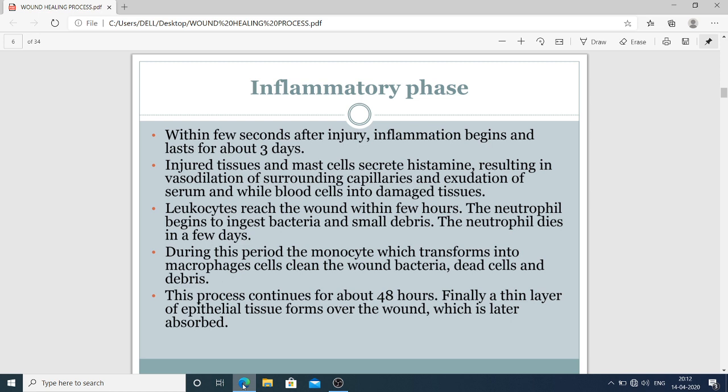Mast cell is filled with basophil granules, found in numbers in connective tissues, and releases histamine and other substances during inflammatory and allergic reactions. And here is one question: what is basophil?